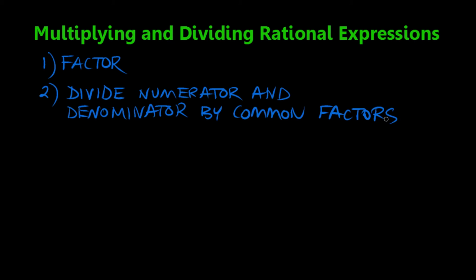Essentially, what that's saying is if there's any common factor in the numerator and denominator, you can cancel them. So it's essentially just canceling what you can.